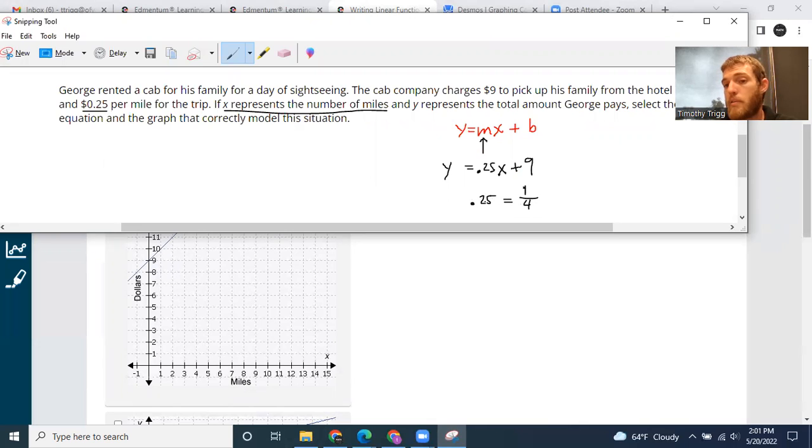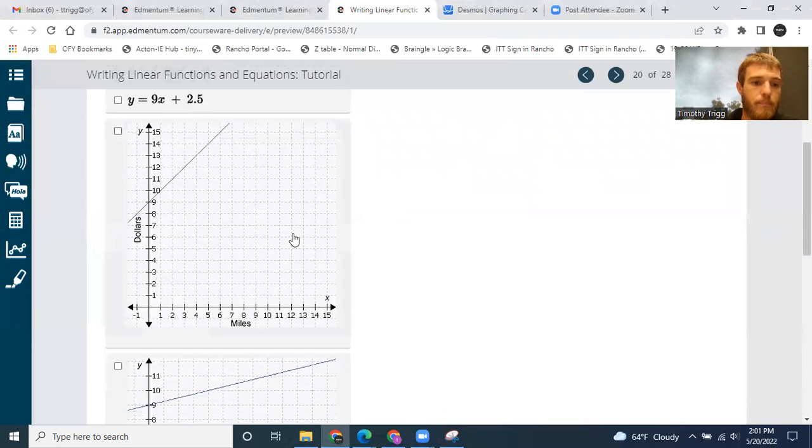So I could write this as y equals 1/4 x plus 9. Then it's easier to graph because our slope is 1/4. So we rise 1, run 4. Rise 1, run 4.